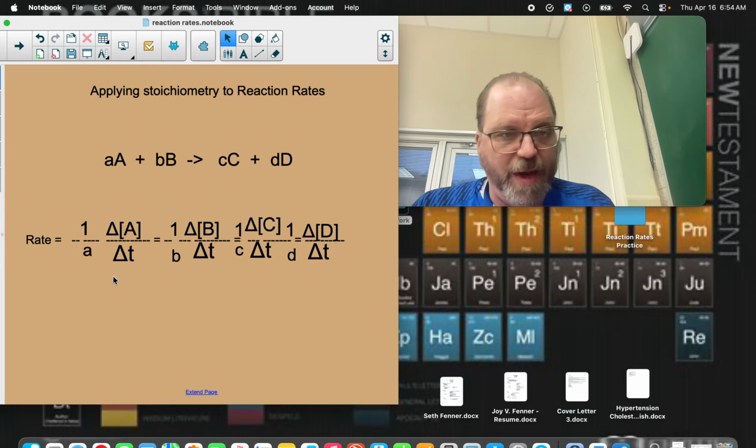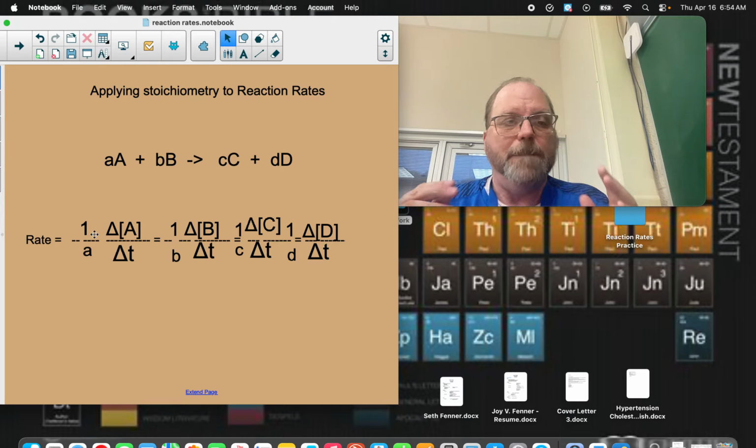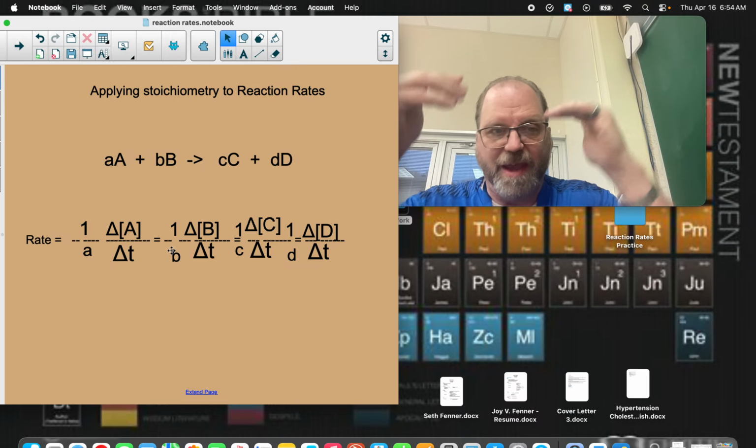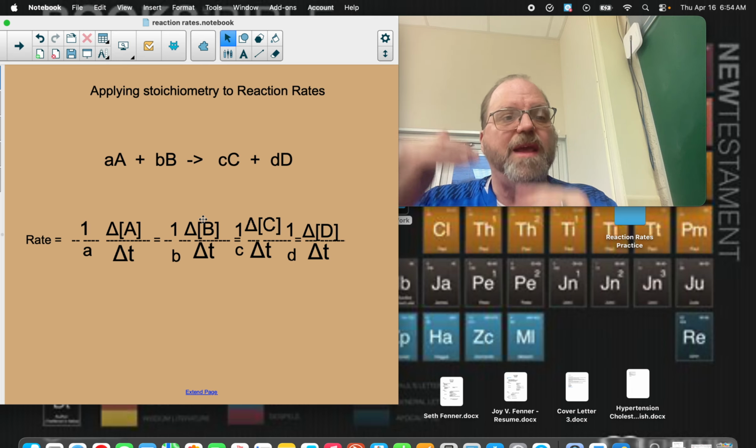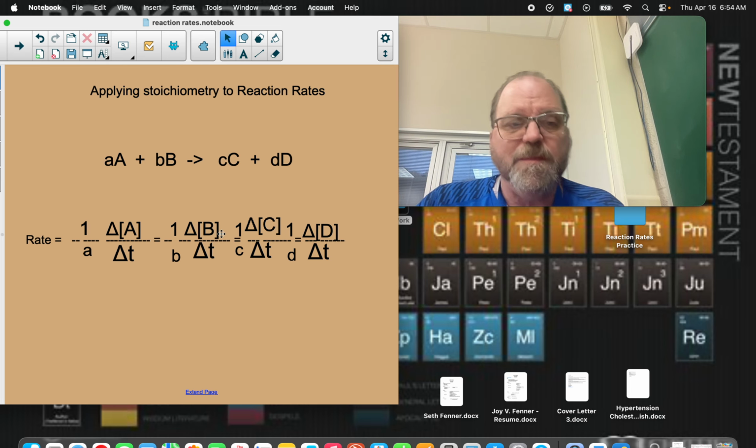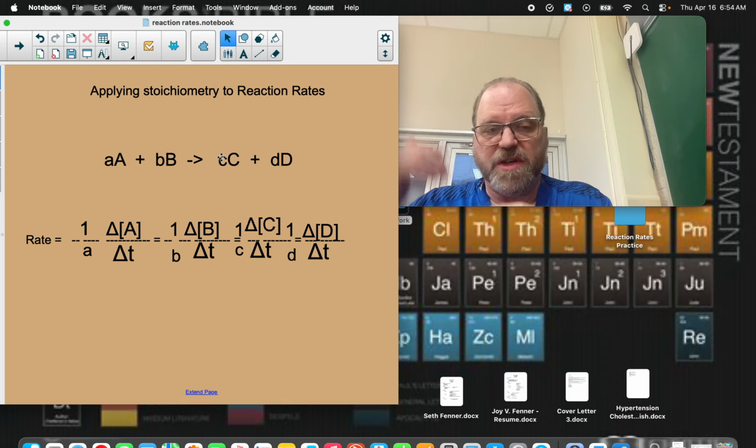So that's the rate of the reaction of A. And the 1 over B, so the inverse of that coefficient of B, times the rate of change of B, is equal to 1 over C, the rate of change of C, and of D.